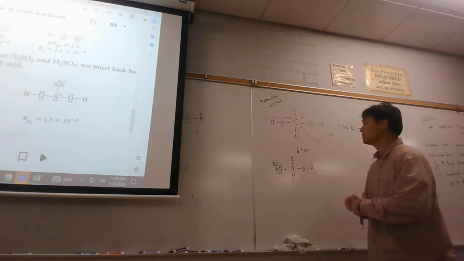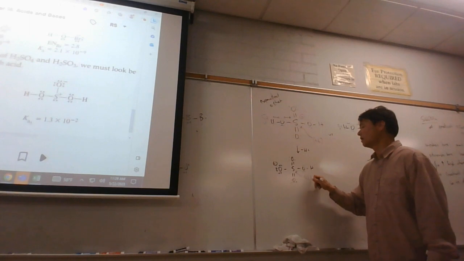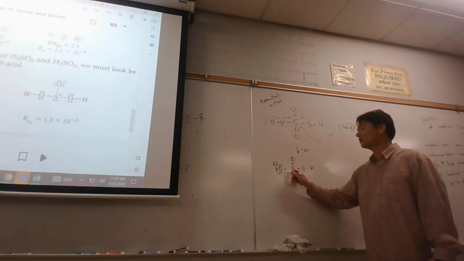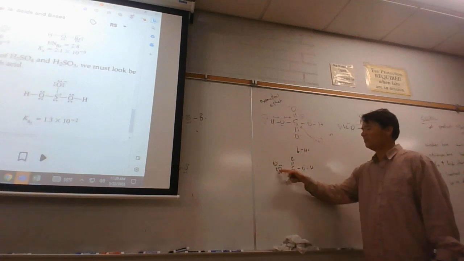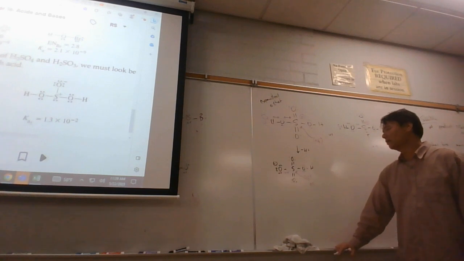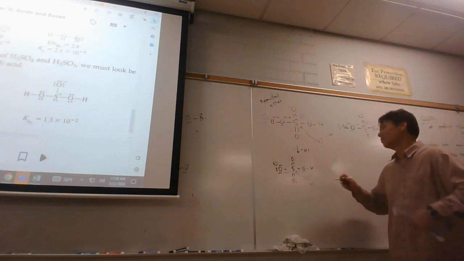That's going to help stabilize it. This is +6 oxidation state. And so we're going to have some inductive effect here. And that'll help delocalize the charge. But the inductive effect is minor. The major effect are the resonance forms.